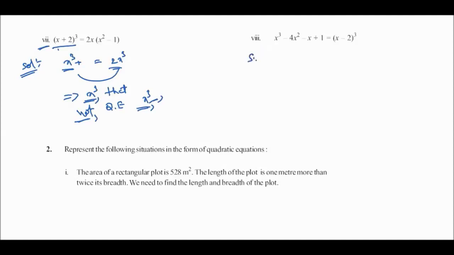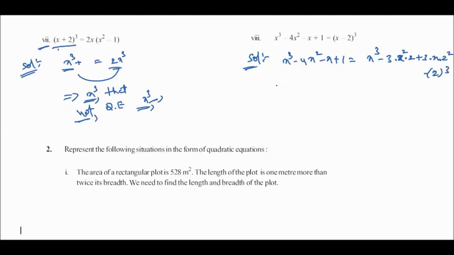So we check this one, solution. So x cube minus 4x square minus x plus 1 is equal to x cube minus 3 into 2 into 2 square, not x square, minus minus means 2 only, plus 3 into x into 2 square, minus 2 cube.